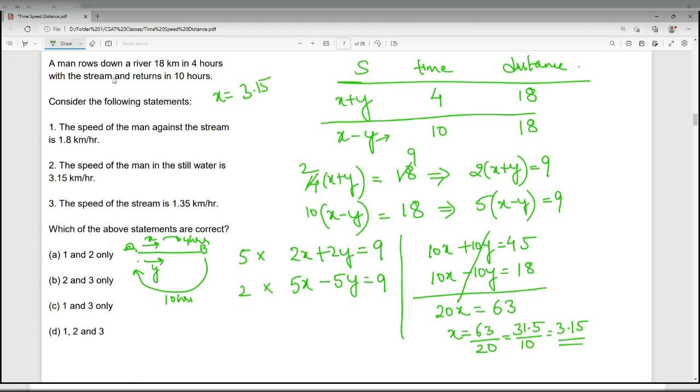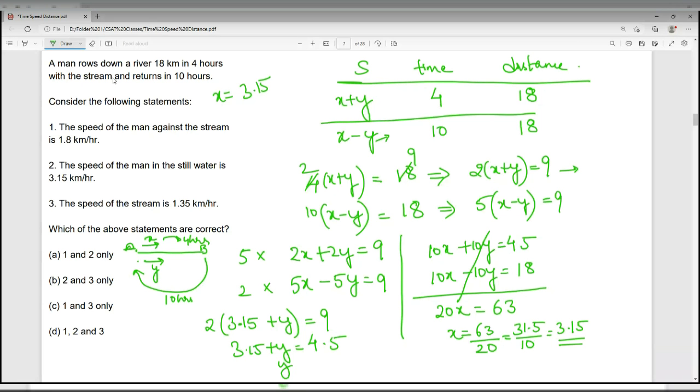So we can input it anywhere here. Let us input it here: 2 into x, which is 3.15, plus y is equal to 9, so 3.15 plus y is equal to 4.5.